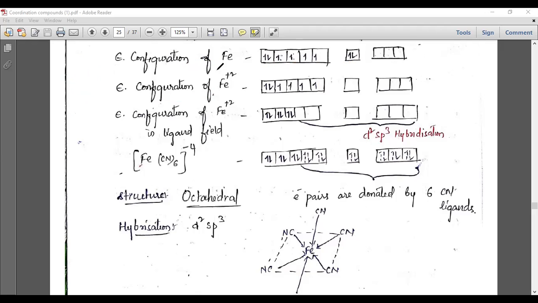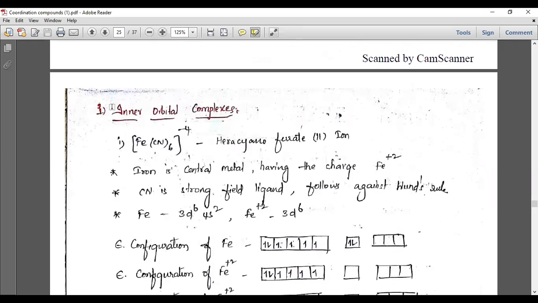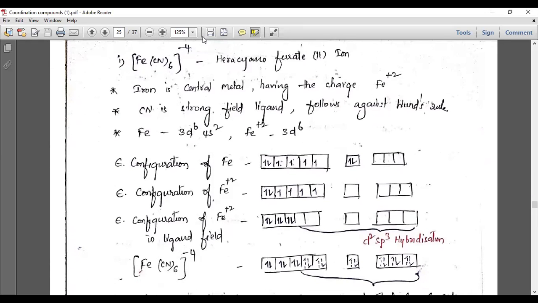What is the charge of the iron here? The charge of the iron is plus 2 here. You can see 6 minus 4, you will get plus 2. Or else you can calculate the oxidation state like this. I already told you many times how to calculate the oxidation state. That is x plus 6 into minus 1, because cyanide has the oxidation state -1 and the overall charge is -4.